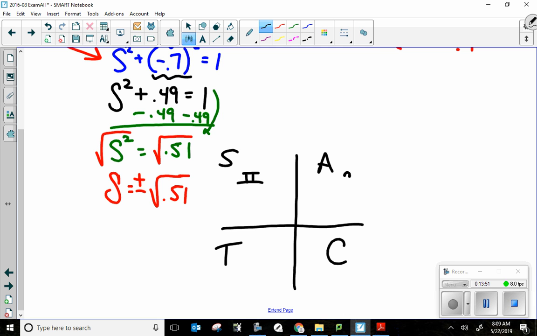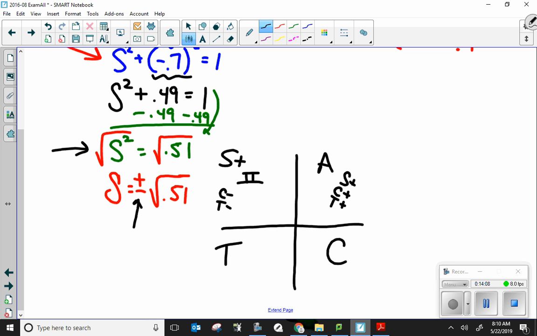In quadrant 1, all three, sine, cosine, and tangent, are positive. In quadrant 2, sine is the only positive. Cosine and tangent are both negative. So when I look at this, yeah, it's plus or minus if I were evaluating this mathematically. But since we're in quadrant 2, my sine should be positive, so I don't want the negative. So sine is my positive version of radical 0.51.